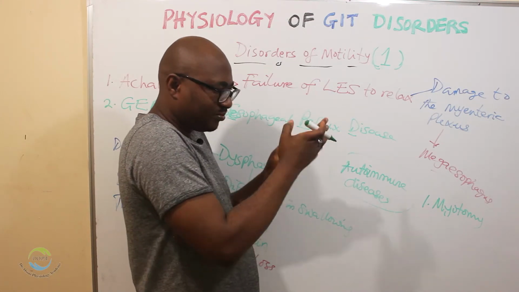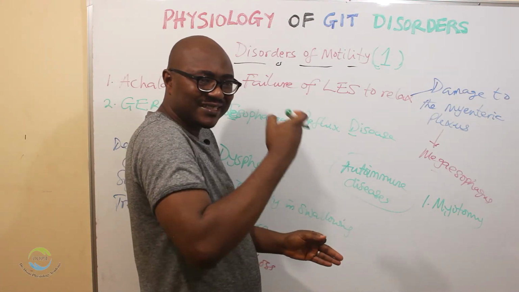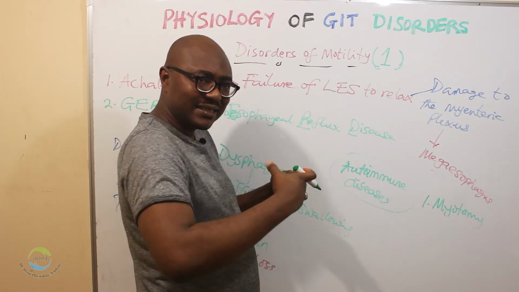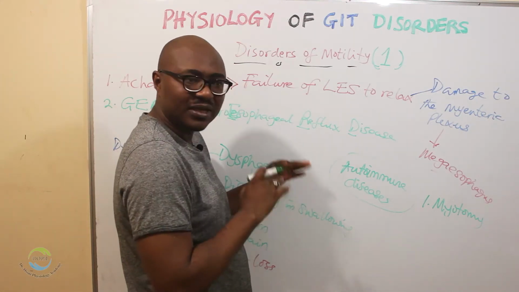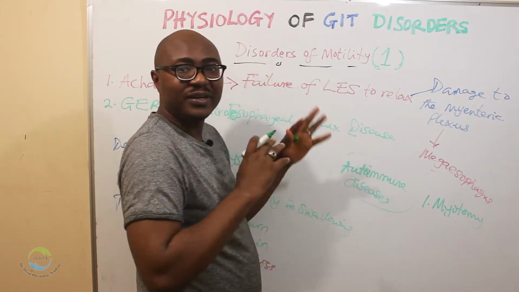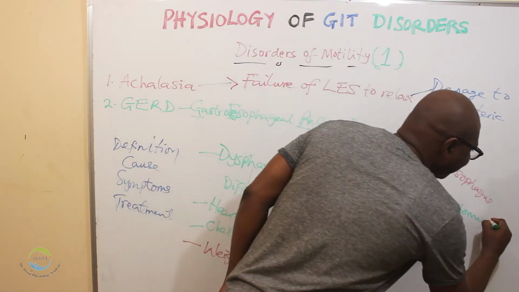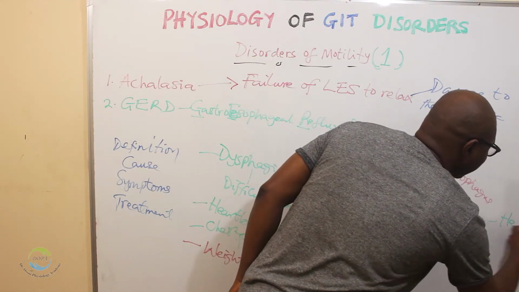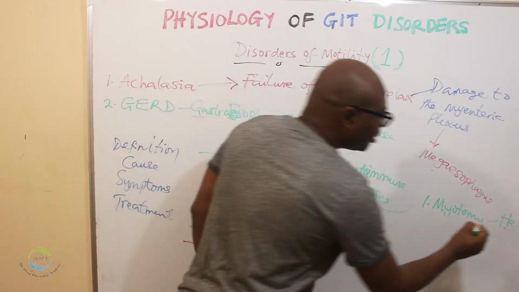So you create an incision. When you create an incision on the muscle, you help it to relax. It makes it easier for it to relax and food can pass. But because you can apply myotomy to different areas, to be more specific, call it Heller's myotomy.